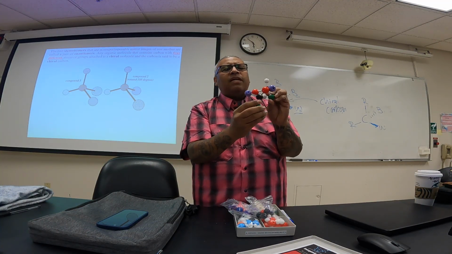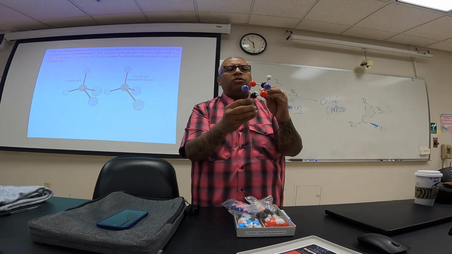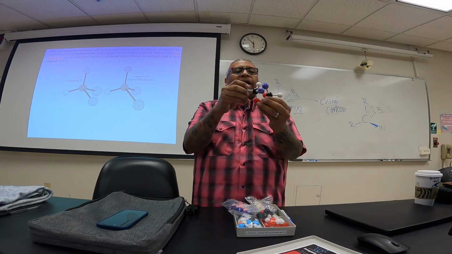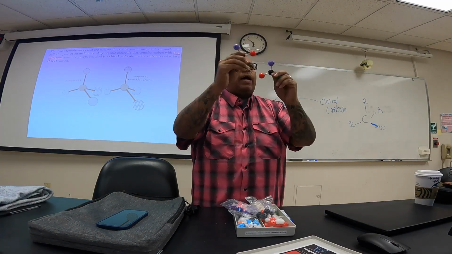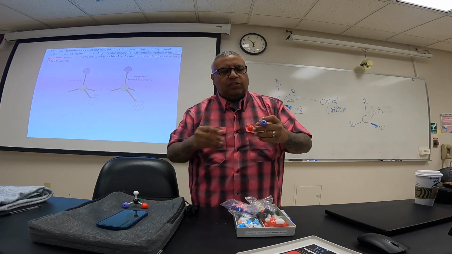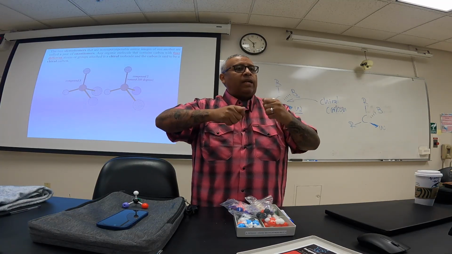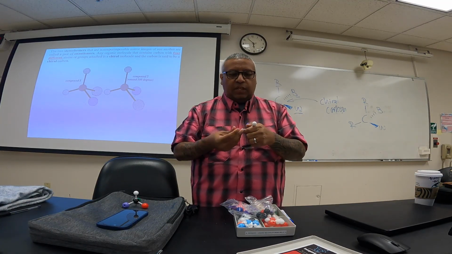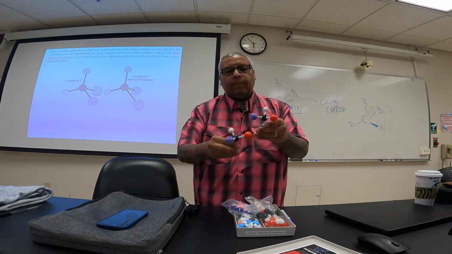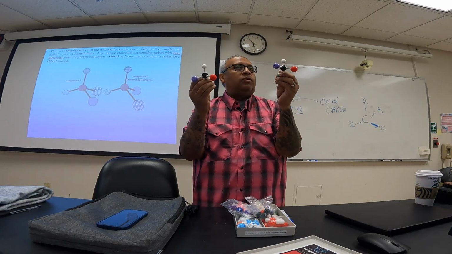So there's nothing I can do in order to have these line up. There's no way I can just put them in some direction. In order for these to line up and be superimposable, I physically have to move two of these atoms. So now that I've switched them, now these are identical molecules.